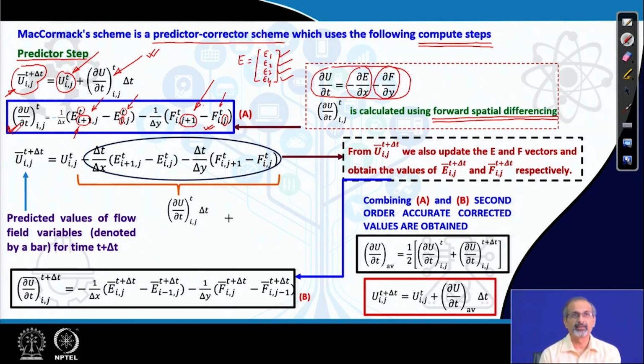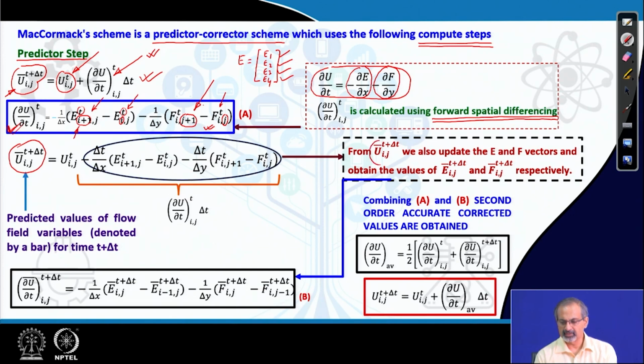Once we do that, we are able to work out the u bar, which is called the predictor step. So, this is the prediction we have done now. Now we have to correct it. We are not very sure whether that is an appropriate value. Before we move on to the correction step, we also have to do something more.